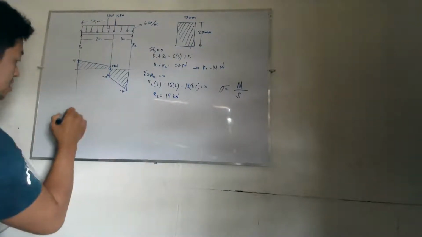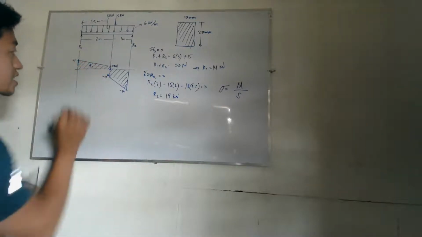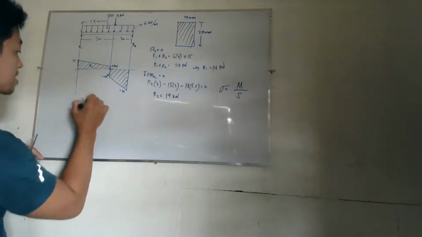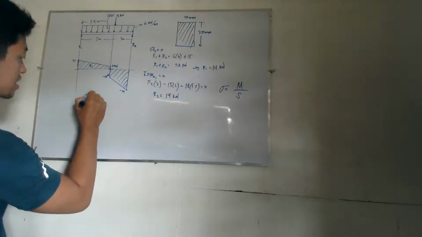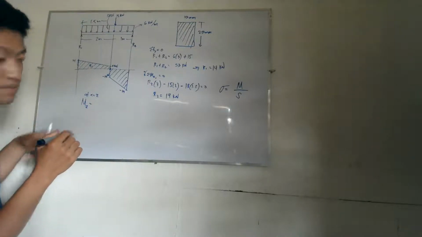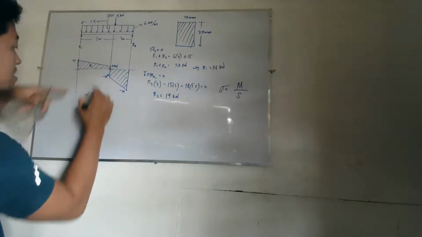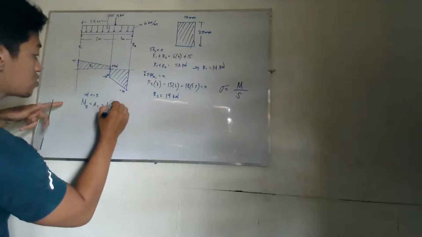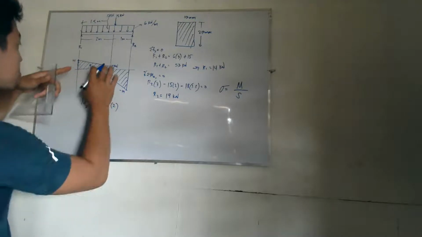Again, based on chapter 4, the moment at x is equal to this area. What is this area? It is a trapezoid. The area of a trapezoid is 1/2 h times base 1 plus base 2.